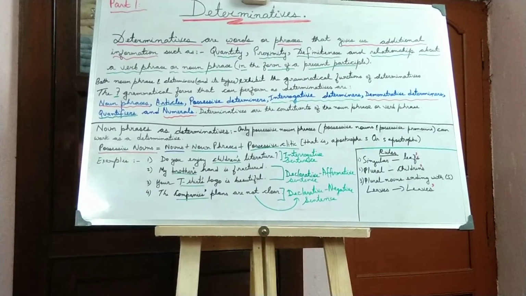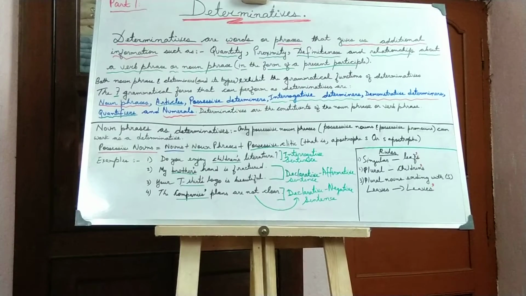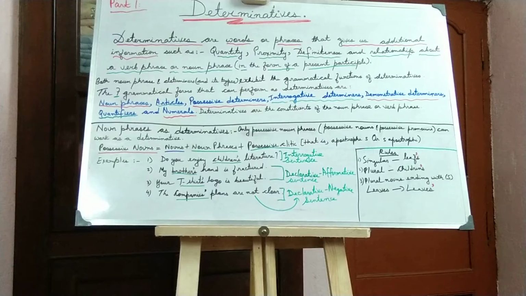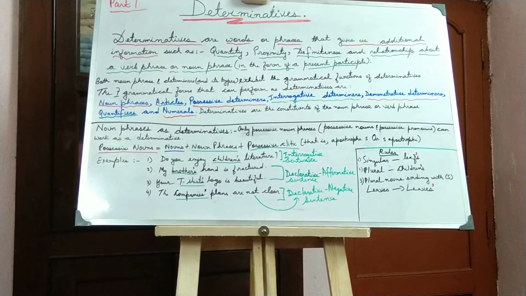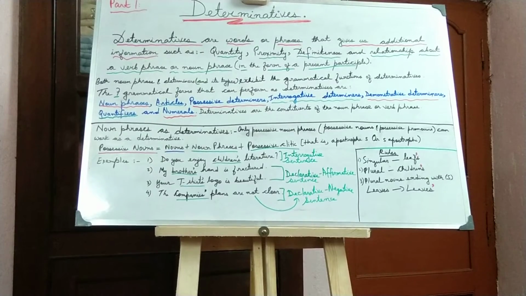So a determinative is a word or a phrase which helps us to know about the quantity, proximity, definiteness, and relationship of various phrases. And how do we know this? We can know this with the help of noun phrases, articles, possessive determiners, interrogative determiners, demonstrative determiners, quantifiers, and numerals.